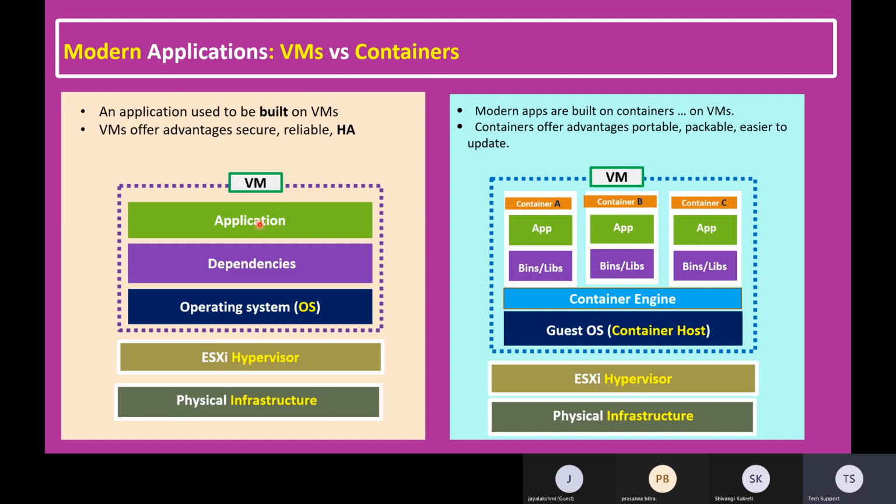But when you plan to make this VM into a Docker host, there will be additional benefits. Within your virtual machine, the guest OS is configured as a container host, and on top we have the container engine. This engine allows you to maintain multiple container applications.